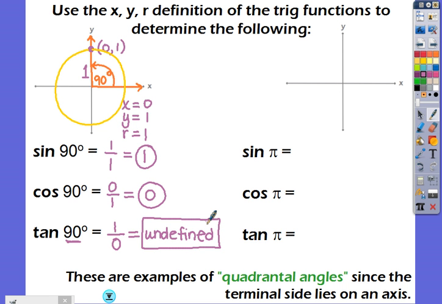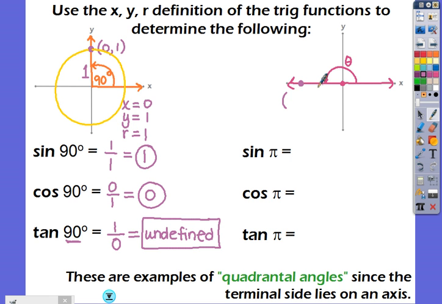Here's another example of a quadrantal angle, because if you make an angle of pi, remember pi is the same thing as 180 degrees, there's no way you're making a right triangle out of that. So what we're going to do every time is pick a point on the terminal side of the angle.